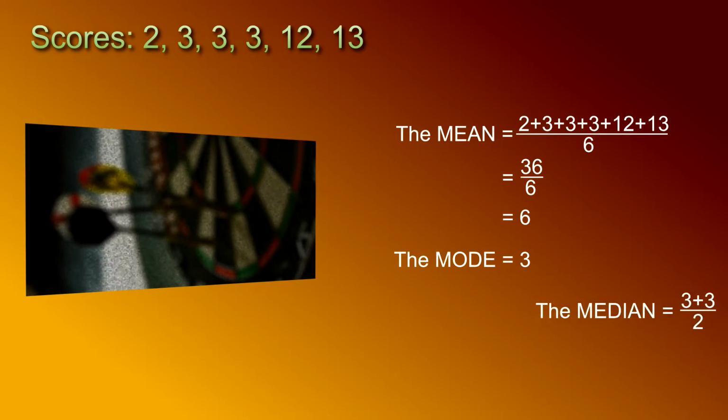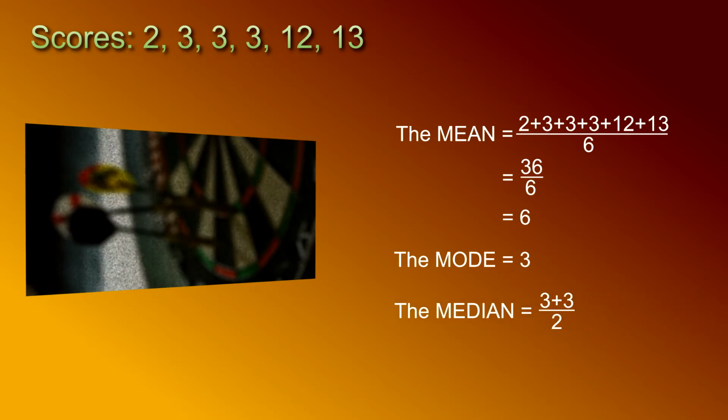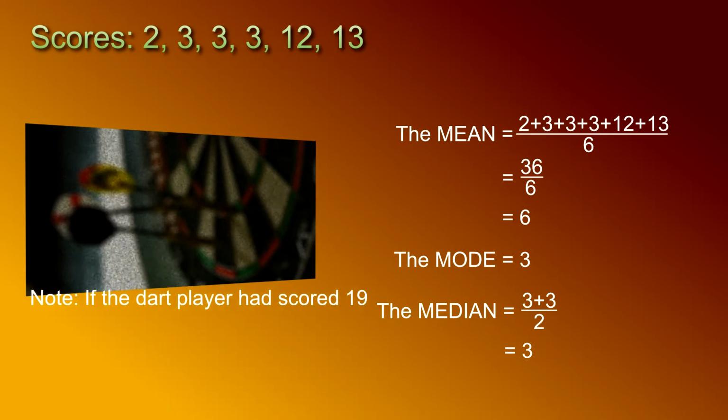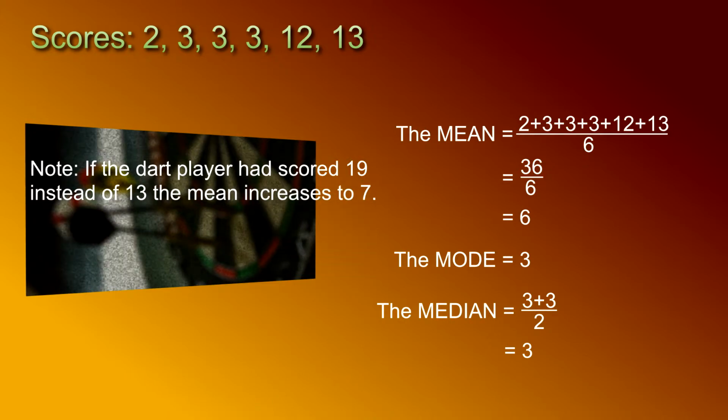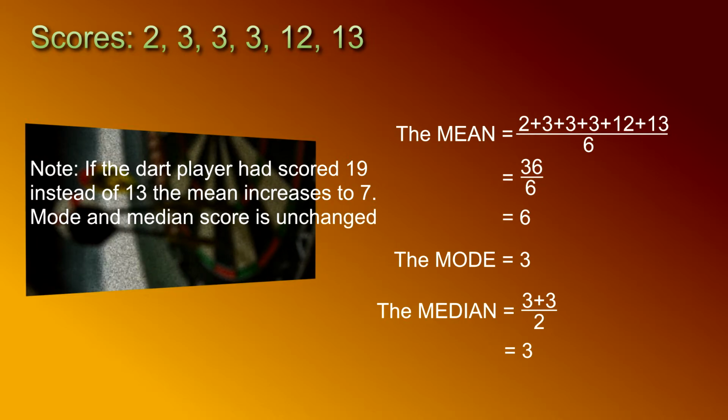The median, since we have an even number of observations, is 3 plus 3, the middle 2 observations, divided by 2, which equals 3. Notice if the dart player had scored, say, 19 instead of 13, the mean increases to 7, but the mode and the median score are unchanged.